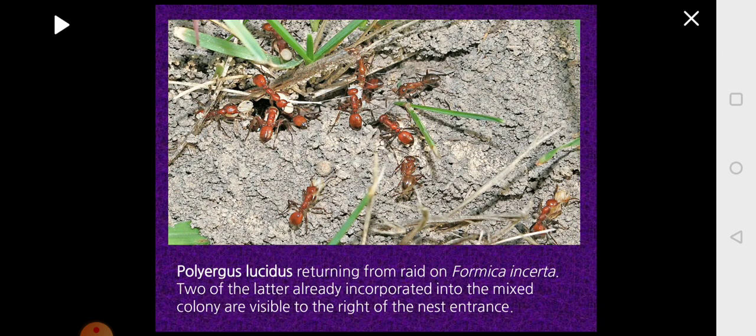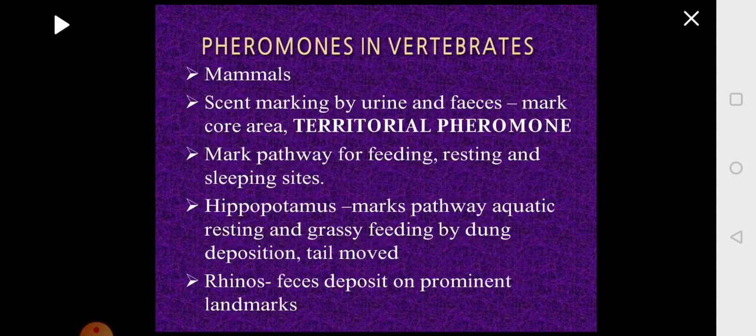So here this is another picture where you can see the eggs, pupae and the larvae are carried from one colony. You are seeing the recruited ants which are carrying the young ones. So with this we completed the pheromones and their role in insects, different types of glands and for what purpose the pheromones are released.